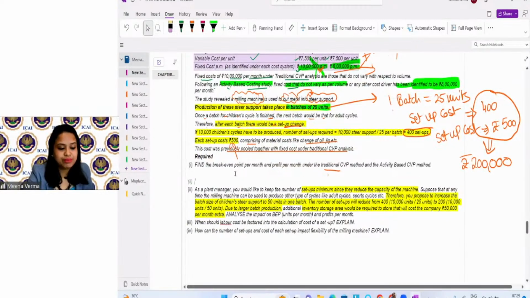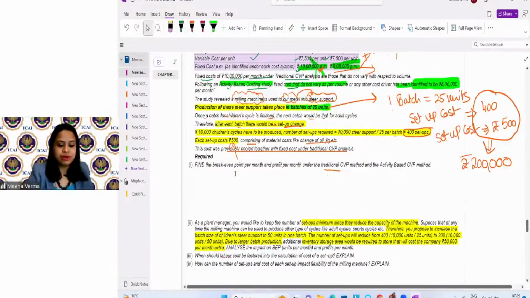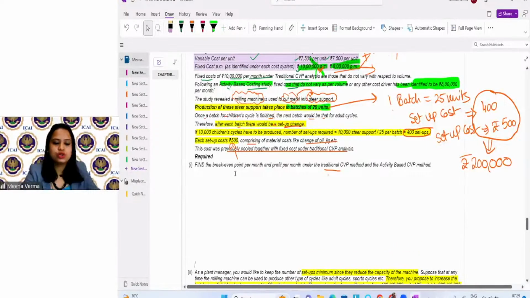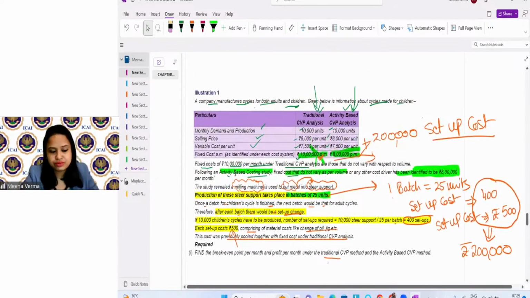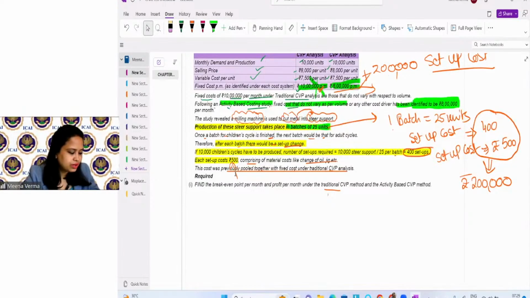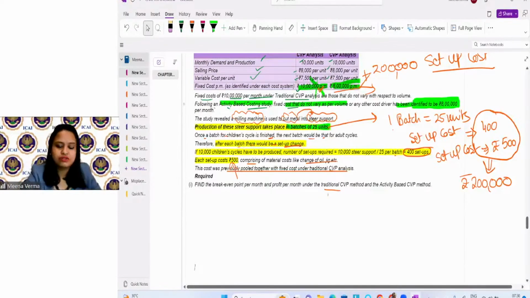We have to find the break-even point per month under the traditional method, and also under activity-based costing. So in both cases we have to find the break-even point. I'll give you time, just solve it and tell me what the answer is. What will be the break-even units here? Give me the answer.